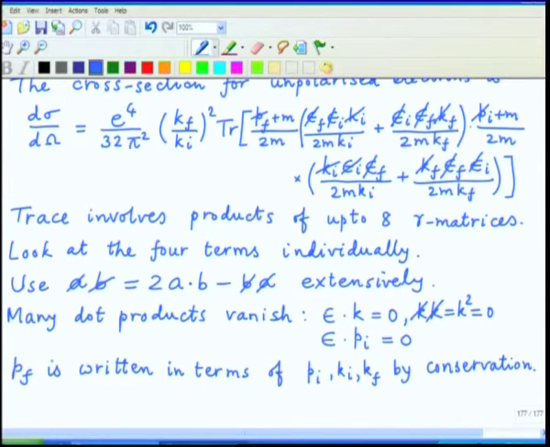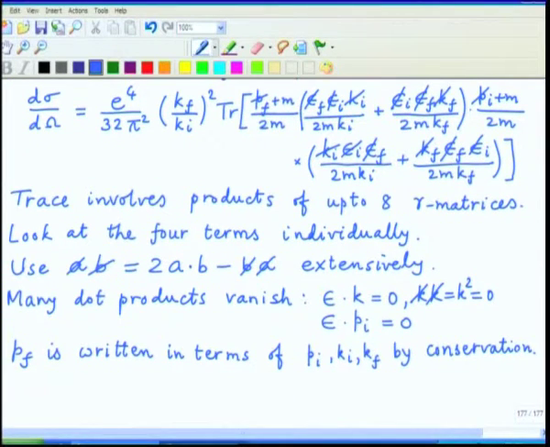So, then the dot products of P I, K I and K f with the other objects have simpler forms. P f does not have a simple form, so we will eliminate it in this particular problem. So, let us look at the first term.